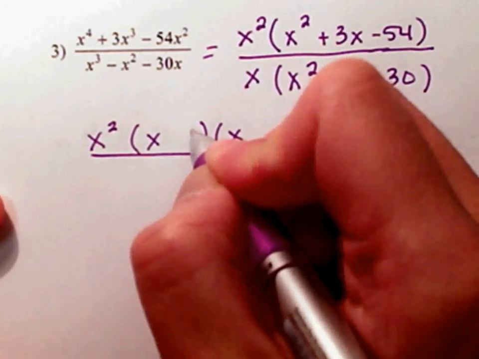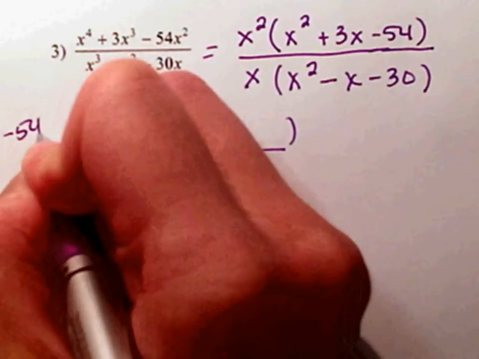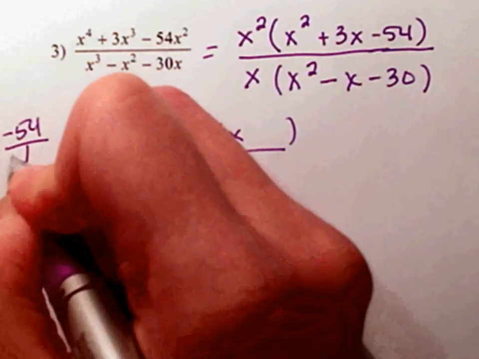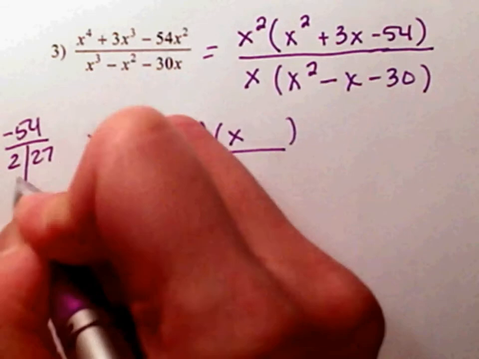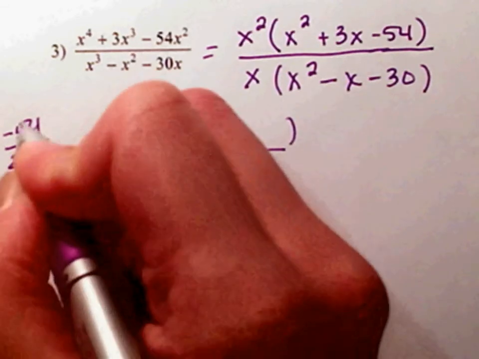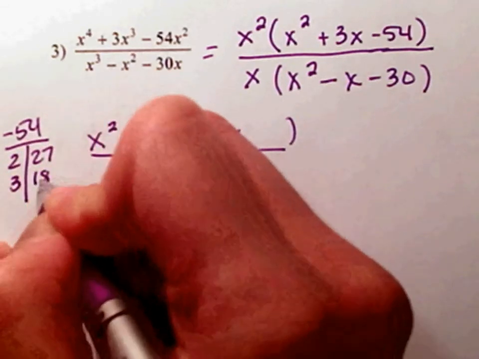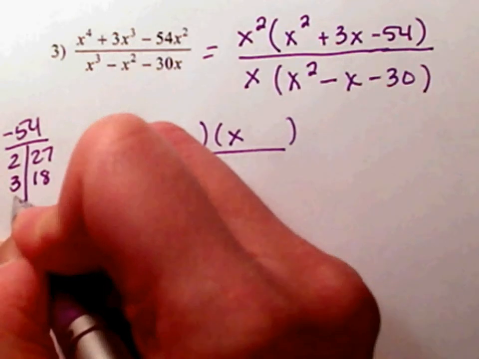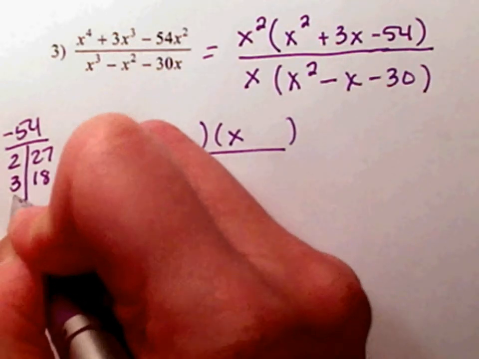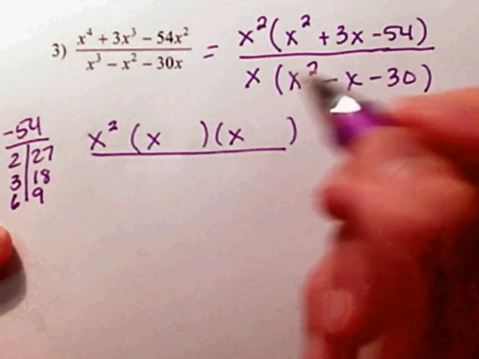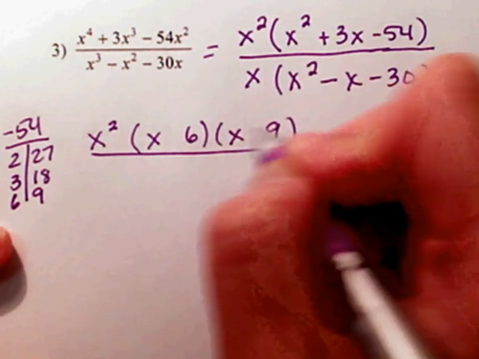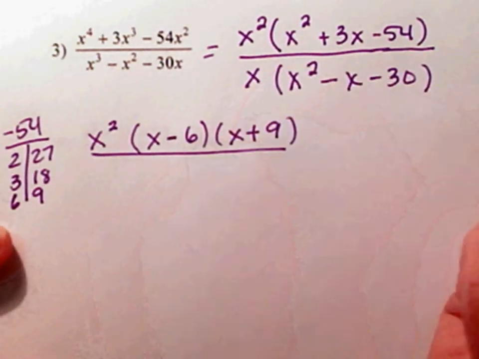Let me see. If you don't know, come over here and you can do some numbers, okay? How about 2 and 27? 3 and, what's that? 18. Nope. 4, 5, 6, and 9. So 6 and 9. So you're going to have 6 and 9. 9 will be positive, 6 will be negative.